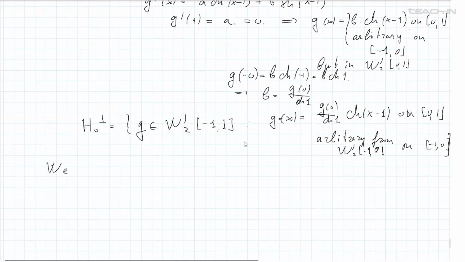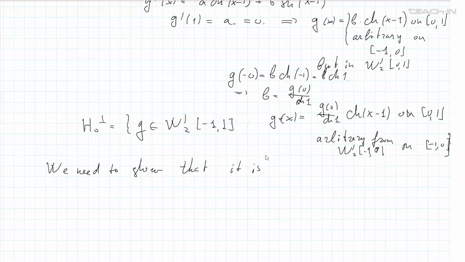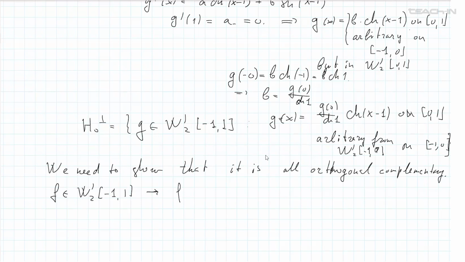We need to show that it is the complement. So if you take f from a Sobolev space, we need to obtain f0 from H0 and f1 from our candidate on the orthogonal complement.